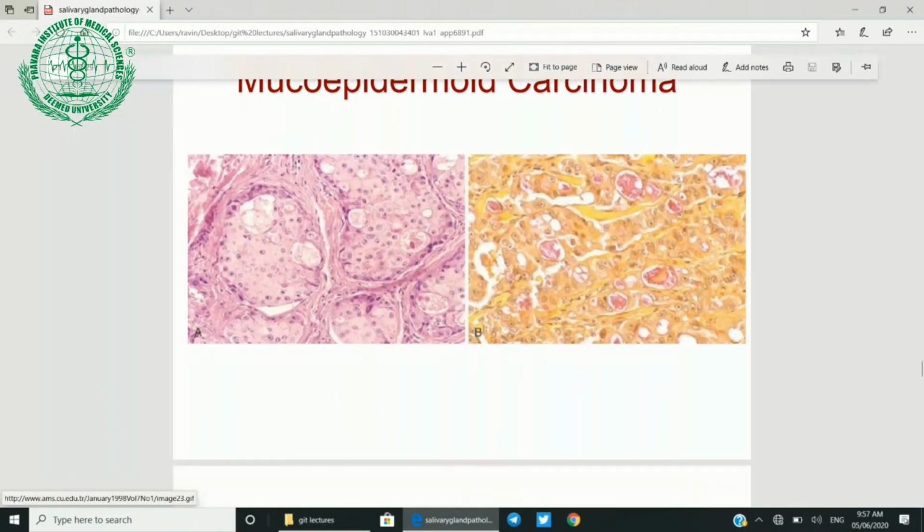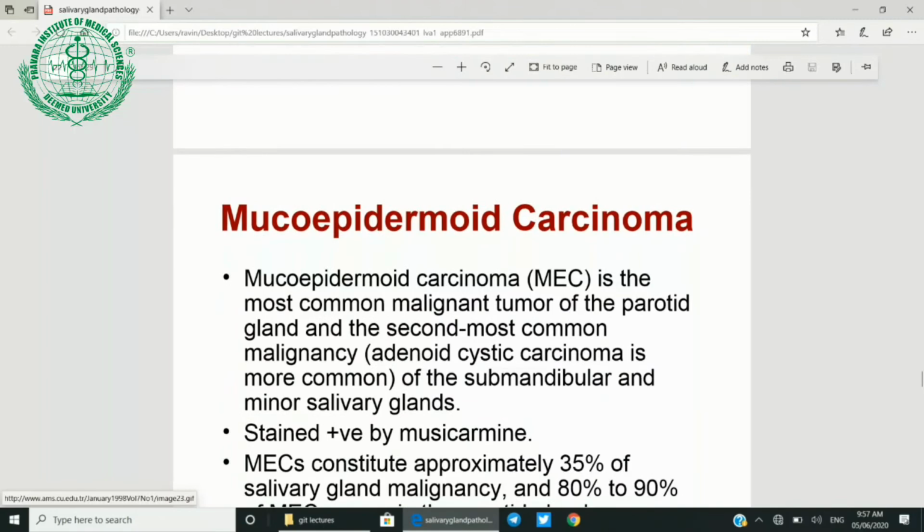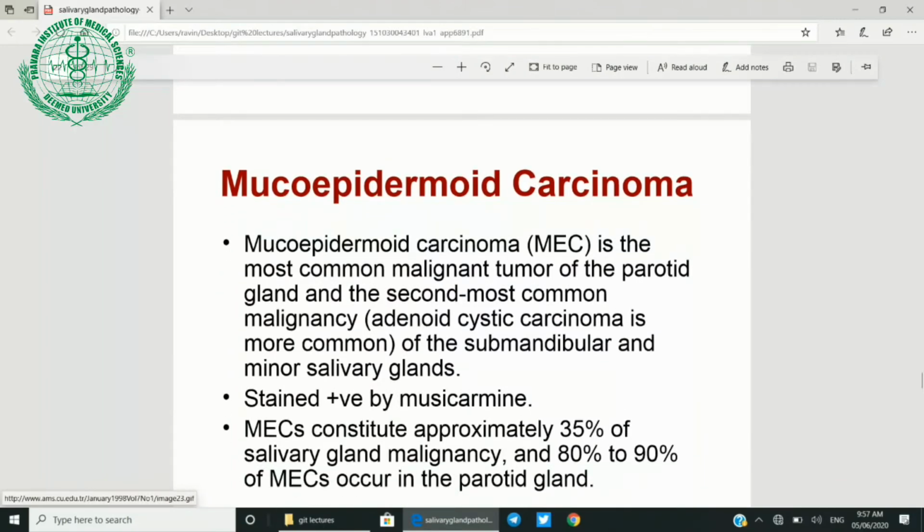poorly differentiated mucoepidermoid carcinoma. It is the most common malignant tumor of the parotid gland. Please remember this very important statement. It is the most common malignant tumor of the parotid gland and the second most common malignancy of the submandibular and minor salivary glands.